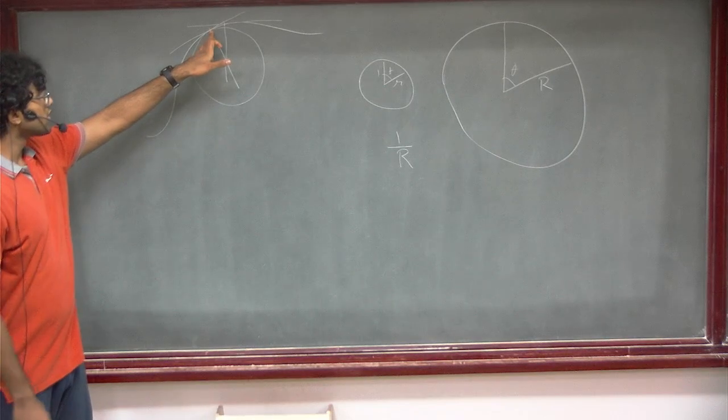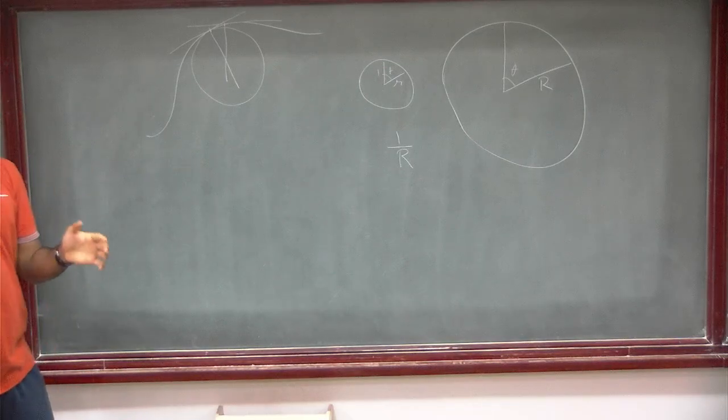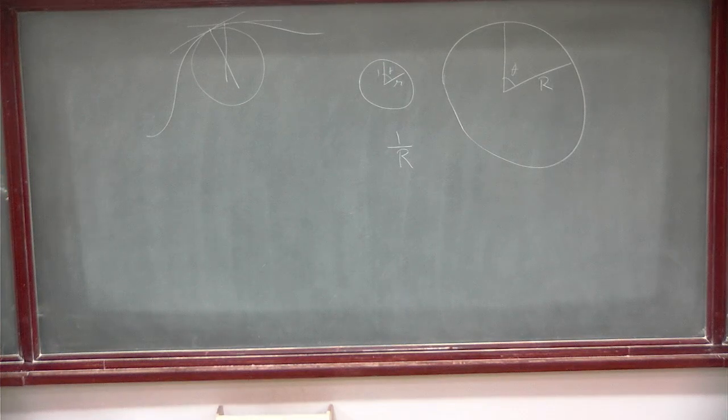You're taking derivatives at two different points and doing a limiting process where they come together, tracking how the derivative is changing.